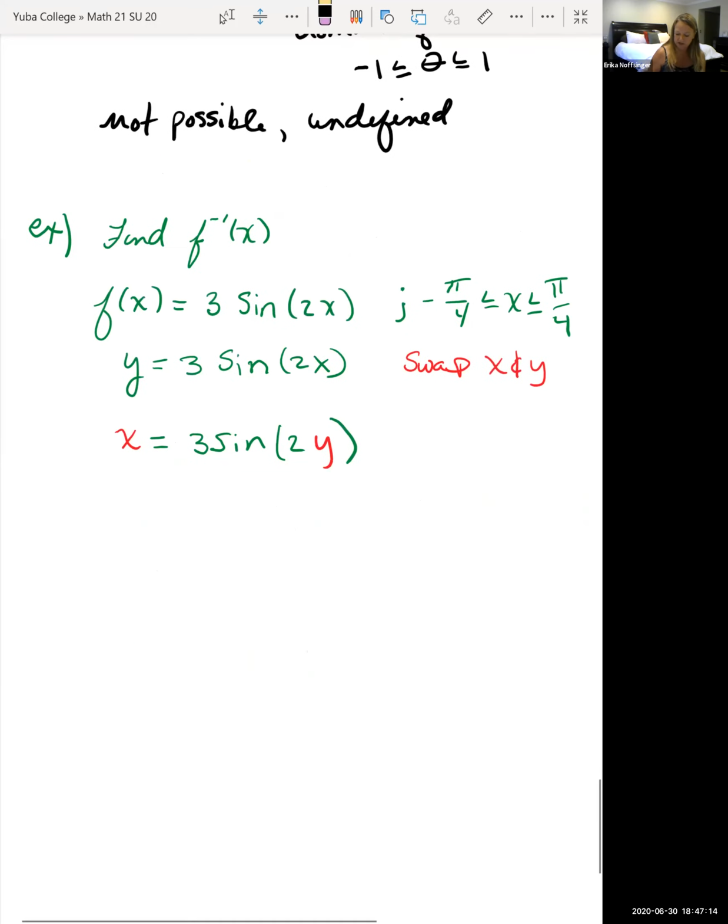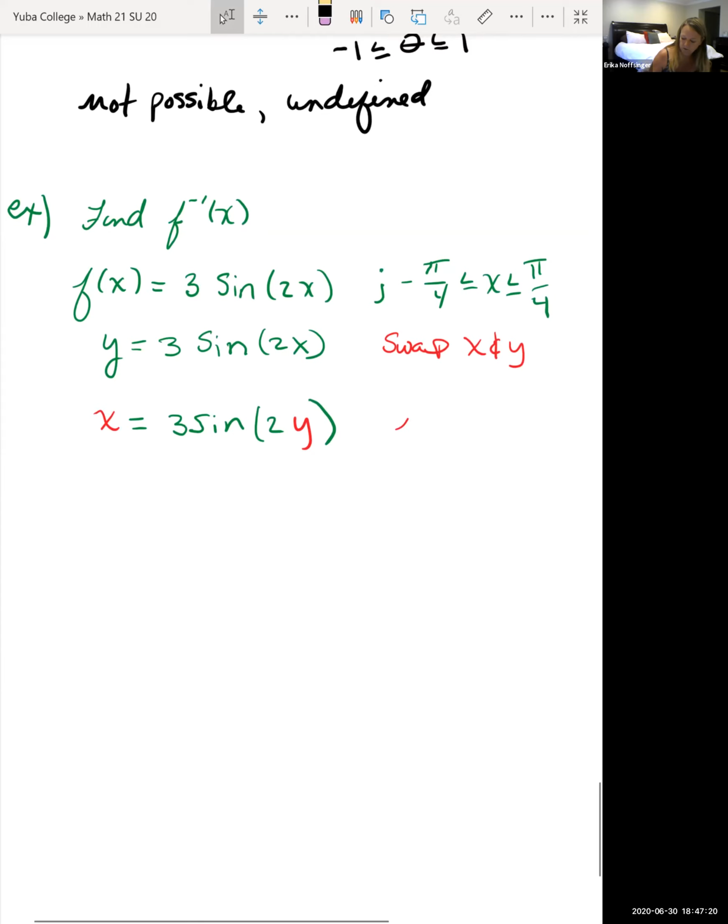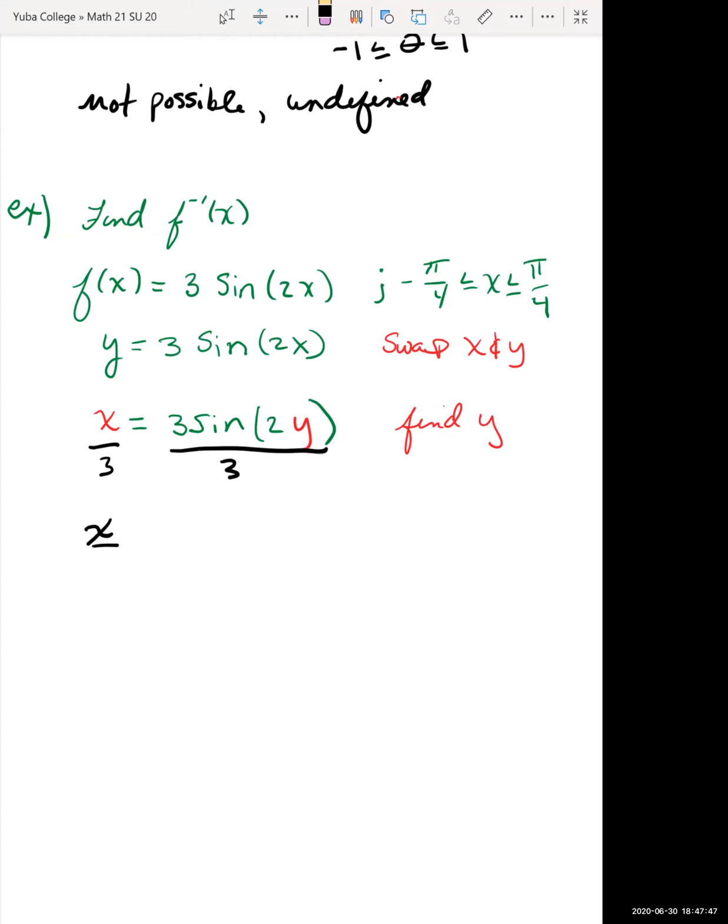So now we want to find y. So we need to get y all by itself. So first thing we can do is get rid of the 3 in front of our sine function. And we can do that by dividing everything through by 3. So we have x over 3 is equal to sine of 2y.